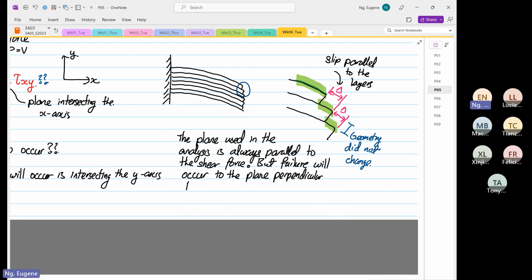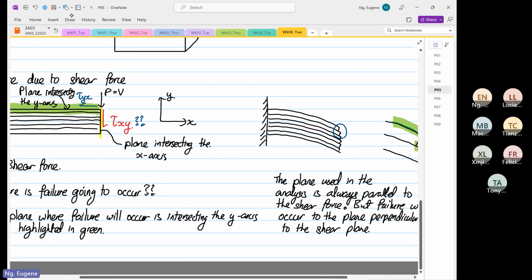To the shear plane, right? So we always calculate shear xy. Okay, but the failure is always perpendicular.